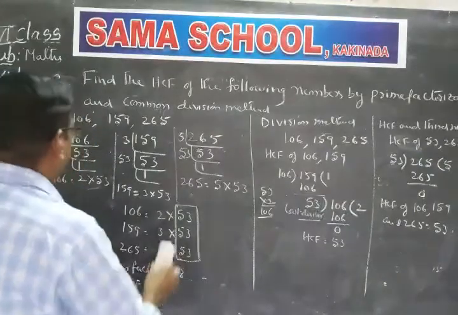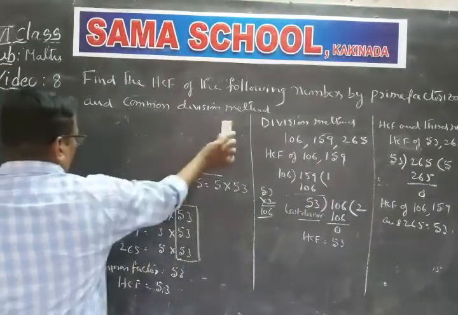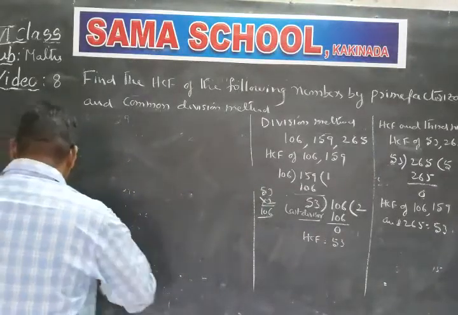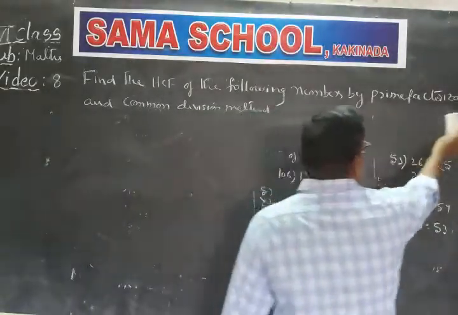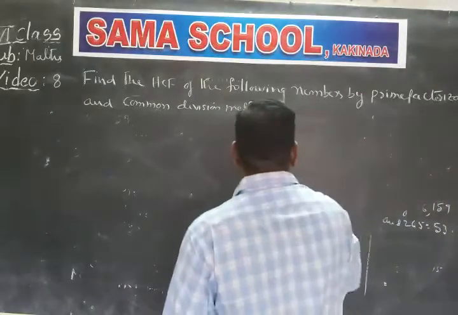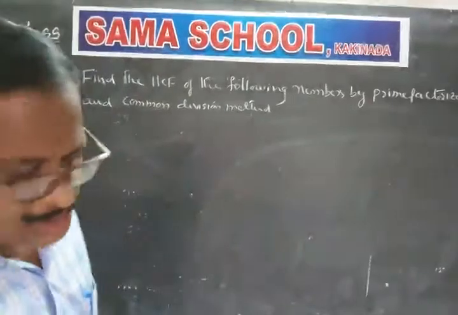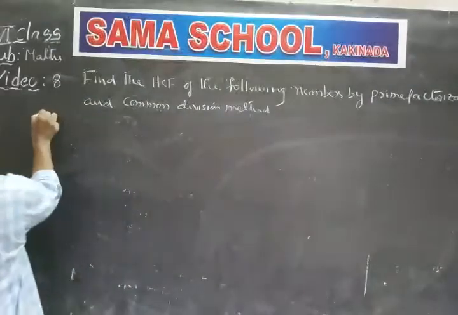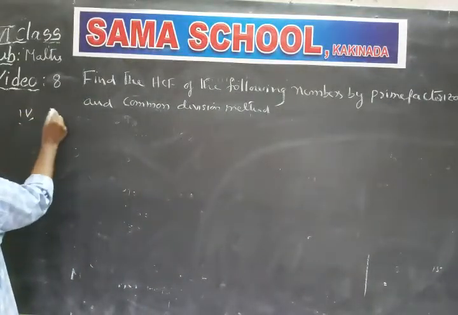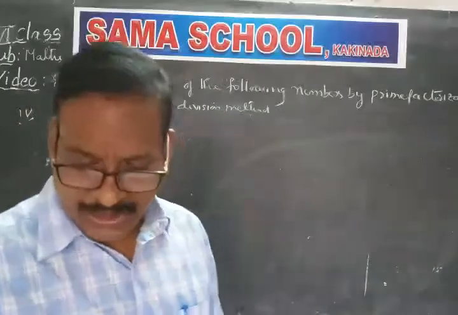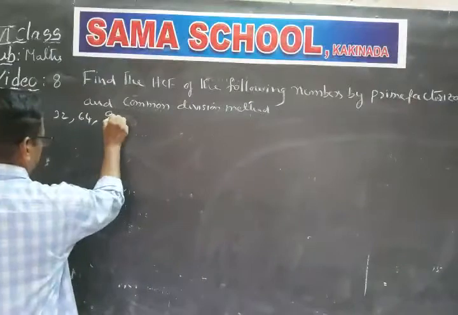The next one is the fourth sum. Find the GCF of the following numbers by the prime factorization method. We do both methods. The numbers are 32, 64, 96, 128.